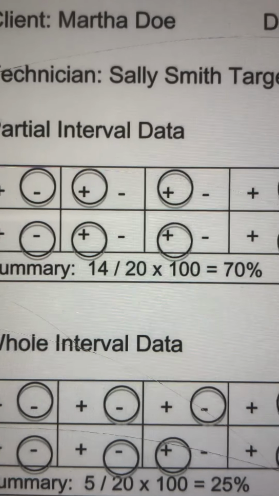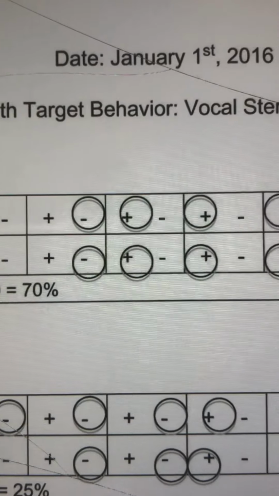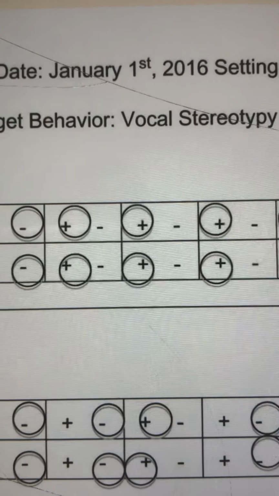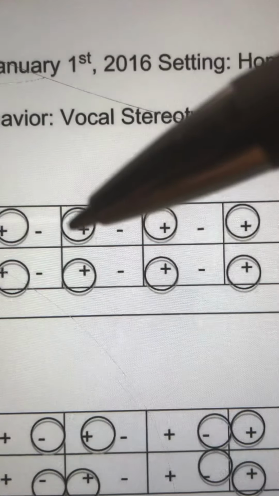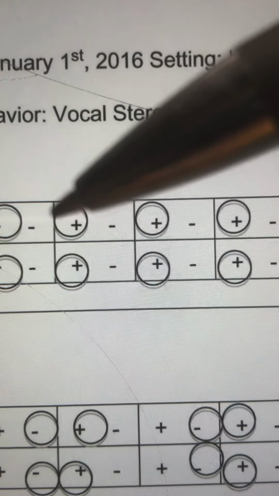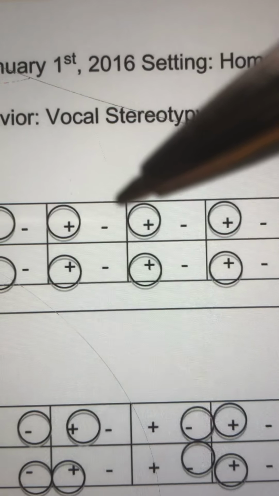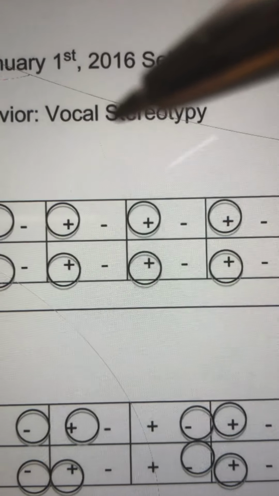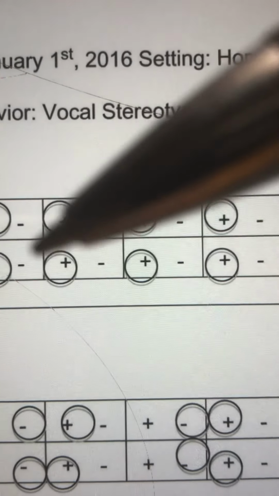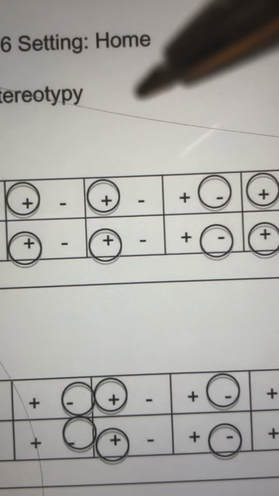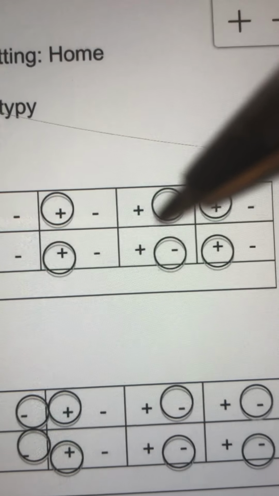Whole interval data is the opposite of partial interval data. Instead of recording if the behavior occurs in any part of the interval duration, as seen here, you would circle a plus if in any moment of this duration the behavior occurs, such as the vocal stereotypy. It occurs in this duration, it gets a circle. If it does not occur in the duration at all, it gets a minus.